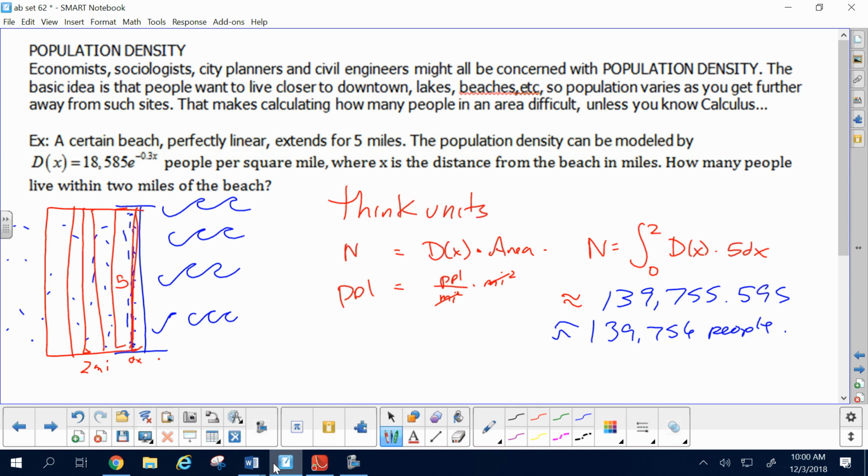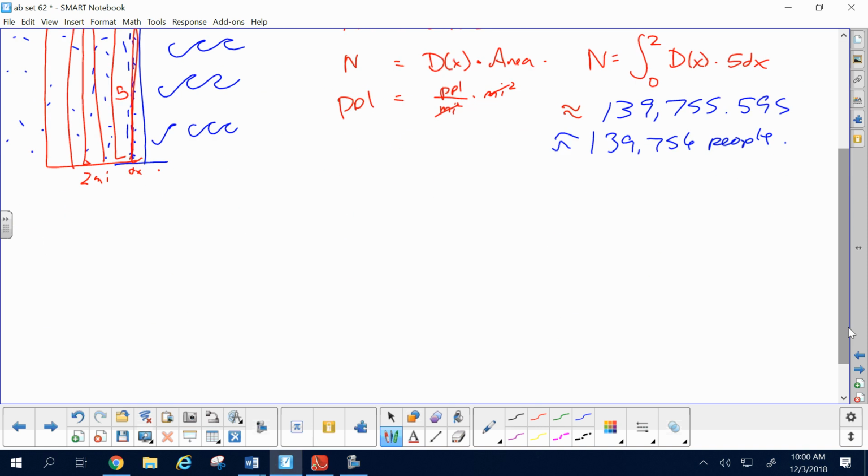Okay? How many of you are in AP Stat or took AP Stat? Those of you who do the norm CDF in your calculator, that's a cumulative density. That's a density function.